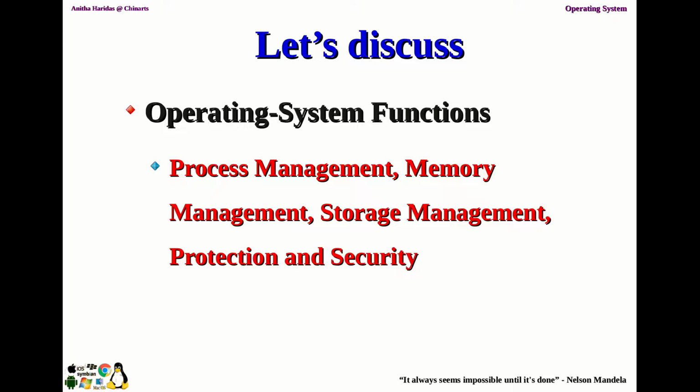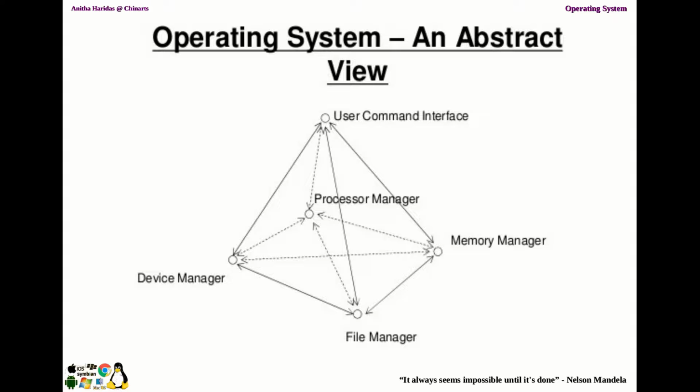In this video, we are going to talk about the operating system functions, in which we'll be covering the process management and memory management, and the rest of the functions will be discussed in the following sessions. So this diagram shows an abstract view of the operating system.